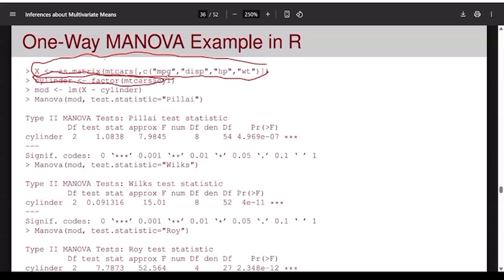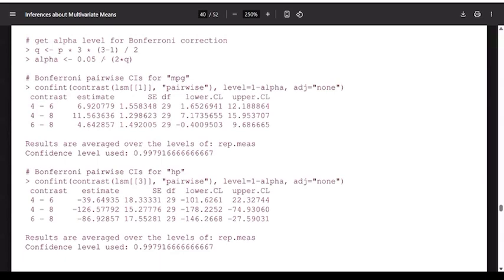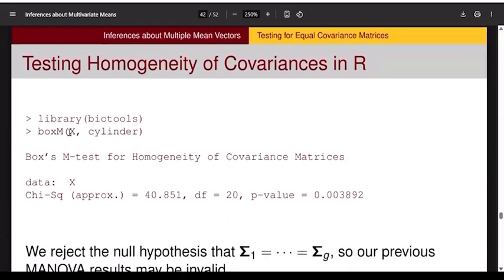We're looking at the effect of the categorical factor on multiple dependent variables. So in the Box's M test, I needed to see what we're doing. Now you know what X represents. X that you see here represents the multiple dependent variables. And of course, cylinder is the categorical factor whose effect we're looking at.